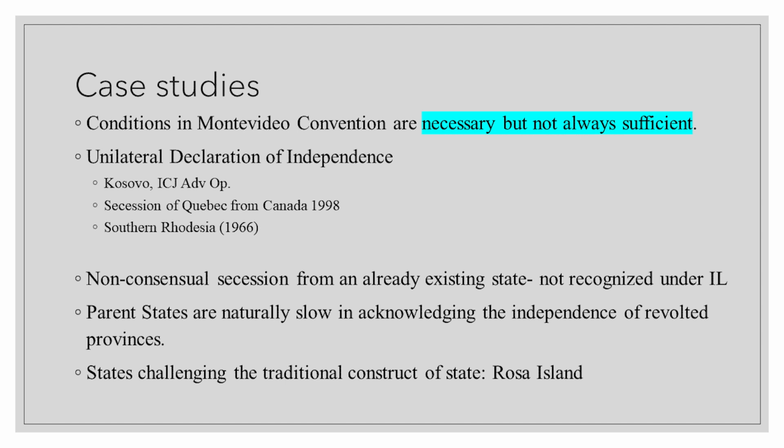But then these traditional ideas of a state were challenged with the formation of Rosa Island, an artificially constructed island as a state. So it declared itself as a state. There also is a Netflix documentary or a movie on Rosa Island.